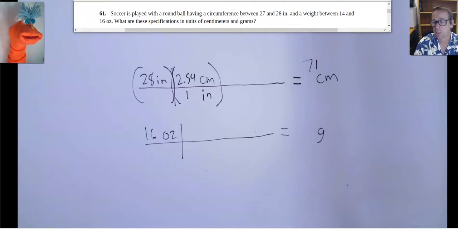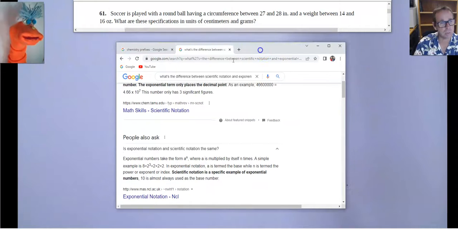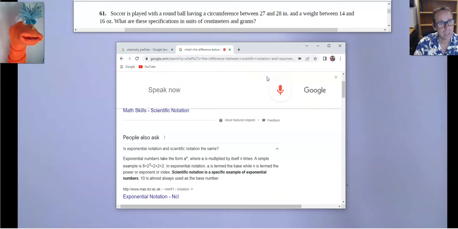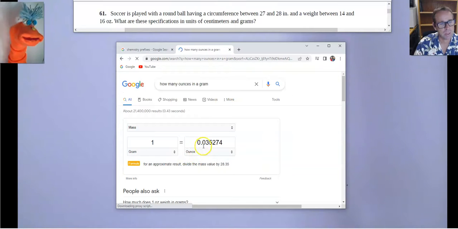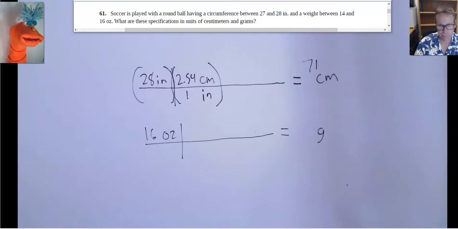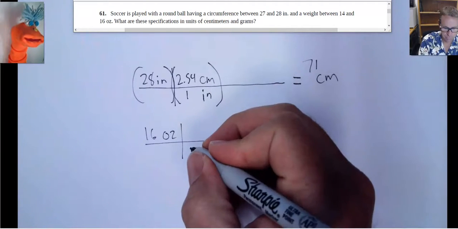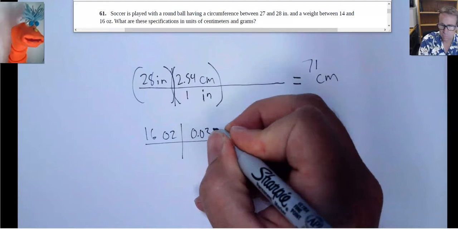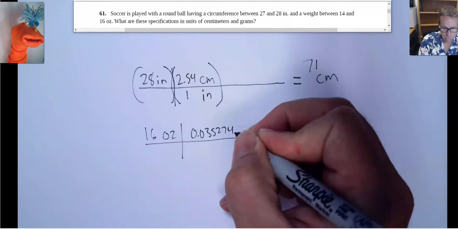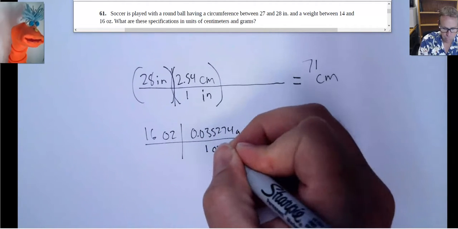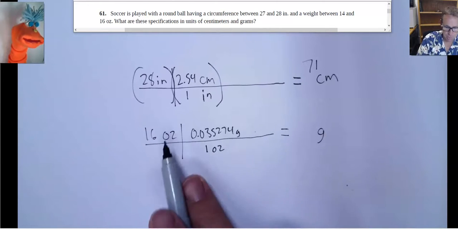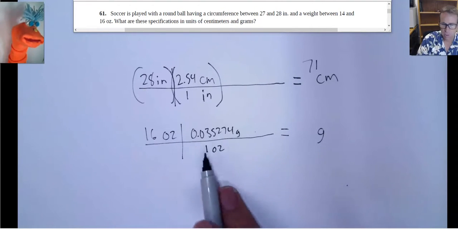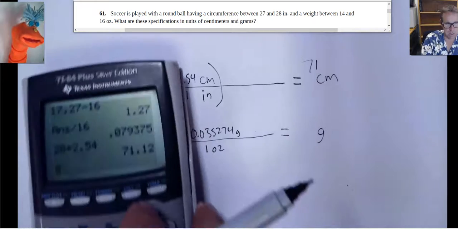Now, do you know how many ounces there are in a gram? I don't. Okay, so then we would just bring over here, how many ounces in a gram? 1 gram is equivalent to 0.0353 ounces. To convert from grams to ounces, divide the unit of mass by approximately 28.35. Now, I knew to put grams up here because I want to end in grams, and I knew to put ounces down here because I need to divide out my ounces.